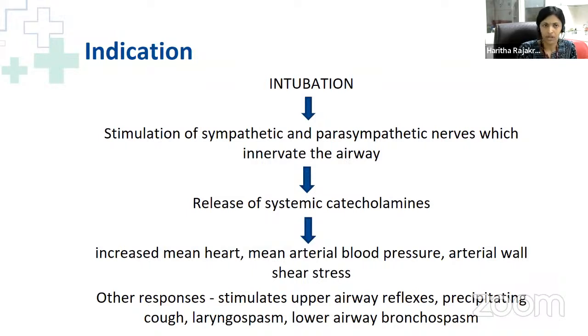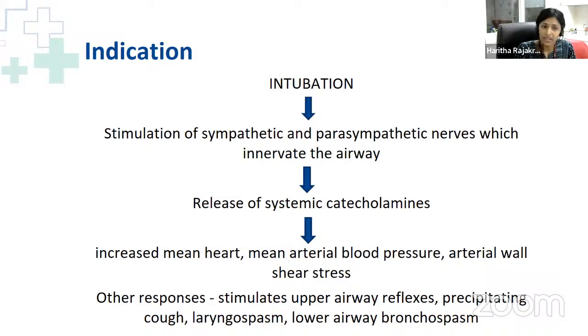As you know, when you intubate a patient, the process itself stimulates sympathetic and parasympathetic nerves, which innervate the airway. As a result, there's a release of systemic catecholamines. Now, what will happen in such cases? Once there's a release of catecholamines, different physiological responses happen.